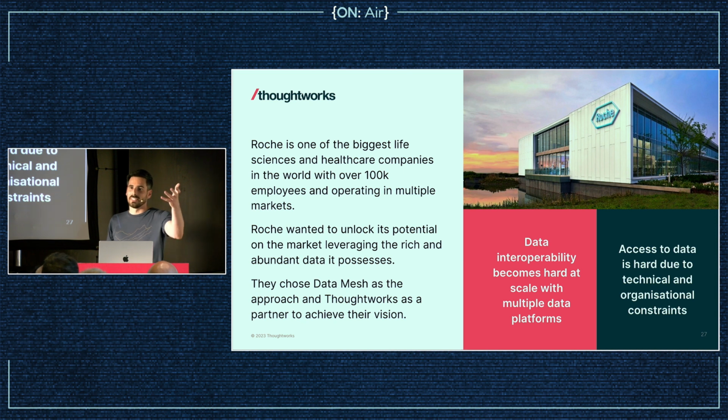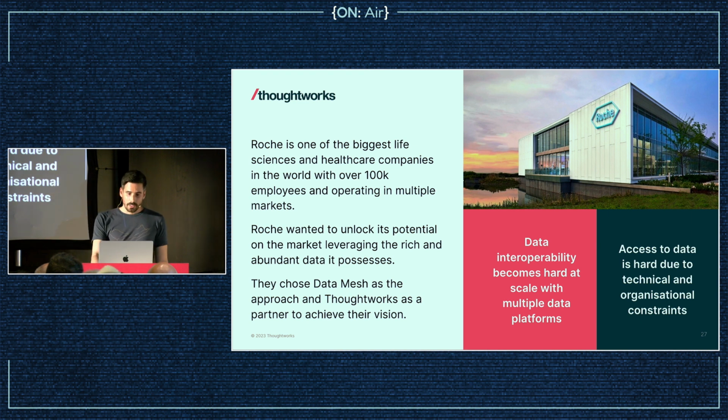So you have some data in this data platform, there is other data in another one, and you cannot combine it. They are not interoperable, and that creates a lot of pain. The other main challenge was basically constraints in terms of accessing the data, especially with healthcare data. Exactly, you need to be really careful with the data people can access, not only at the organization level, but also at the technical level.